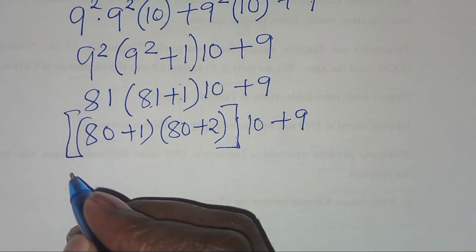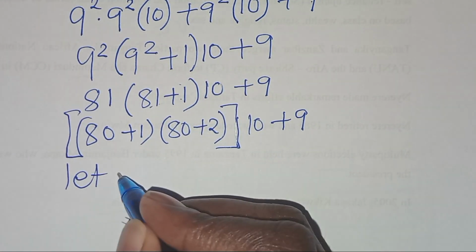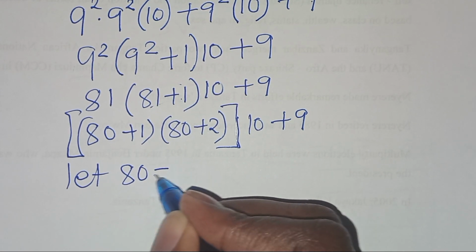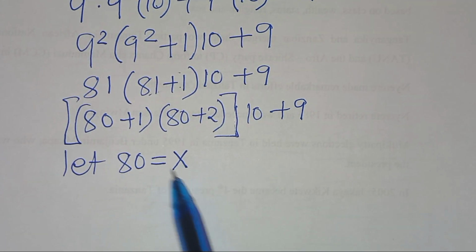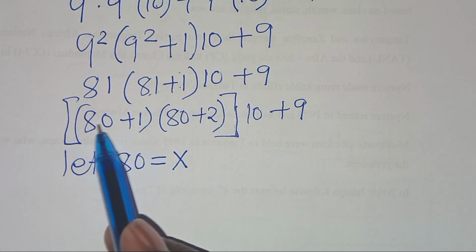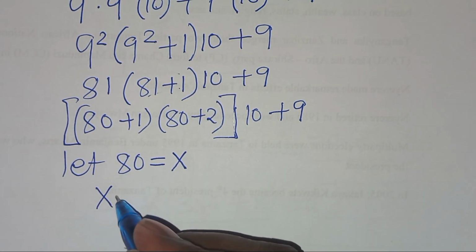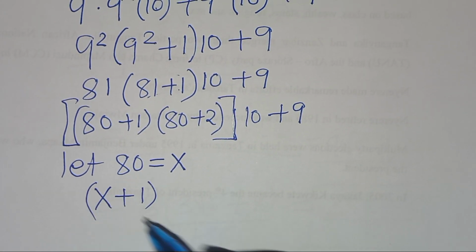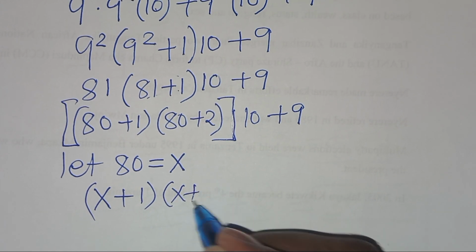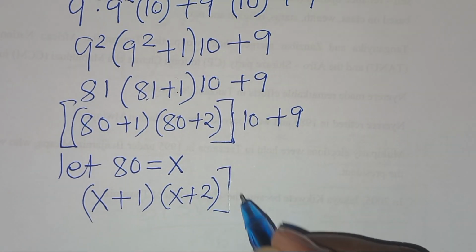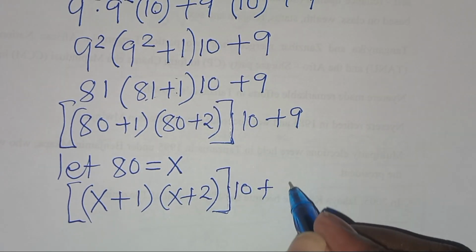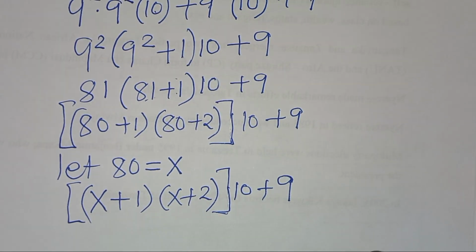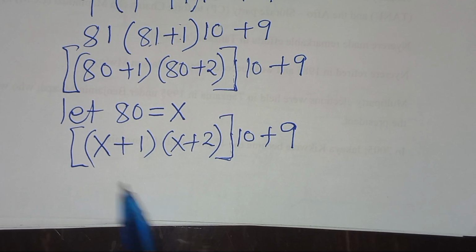Now the next step here is to let 80 be equal to x. Let's express 80 as x. So let's substitute x here. So this is the same thing as x plus 1 multiplied by x plus 2, all this multiplied by 10, then plus 9. So let's expand this equation.